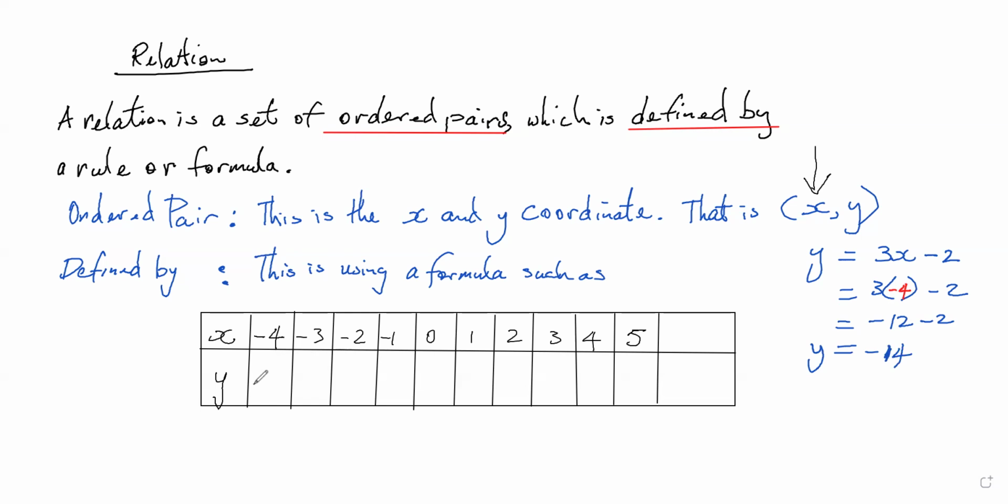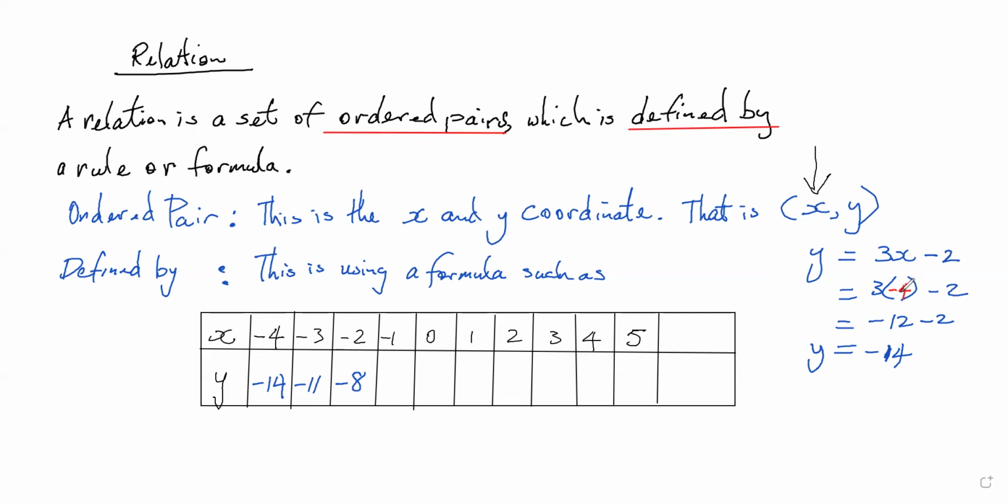Everybody okay with that? Yes, sir. So when I substitute -3, it will be -3 times 3, which is -9 minus 2 will give me -11. -2 times 3 is -6 minus 2 is -8.